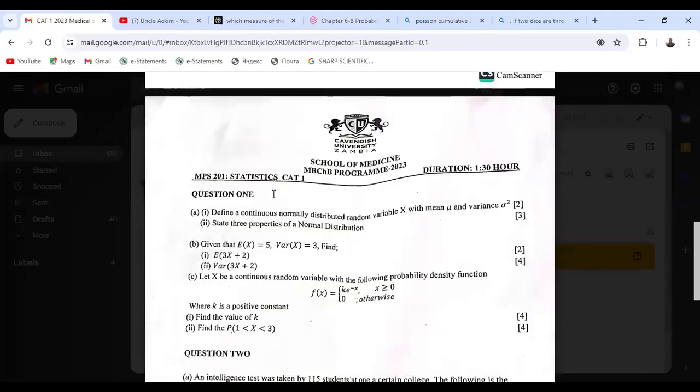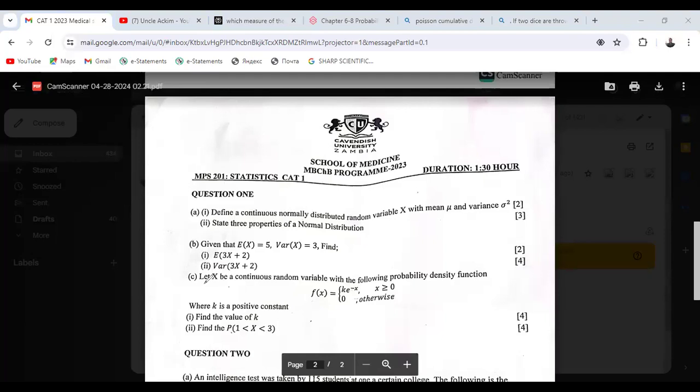So I'll use that example from the young lady's past paper to teach how to go about that. For example, you're given, let x be a random variable, and they give you the function. This only deals with x greater than 0. Elsewhere, it will be 0.